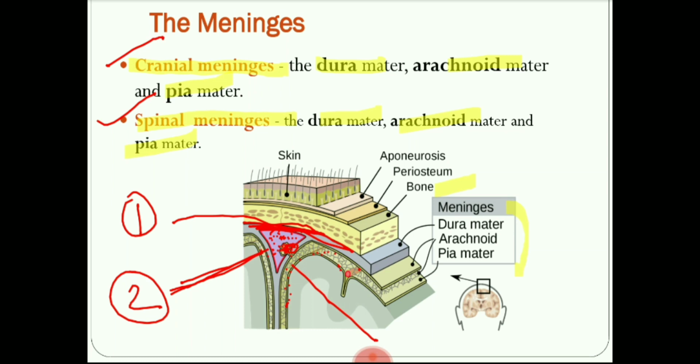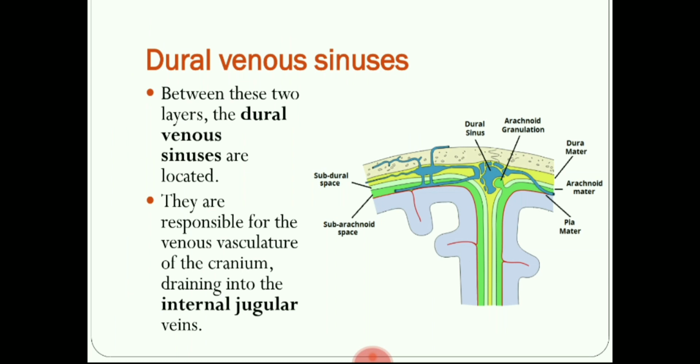Now, the knowledge of the dural fold is important because the dural septa divide the cranial cavity into compartments, and these compartments separate different parts of the brain, thus restricting their movements. Also, the dural folds, as you can see here, enclose the venous sinuses.